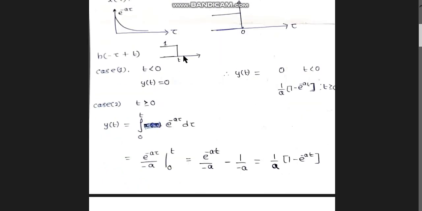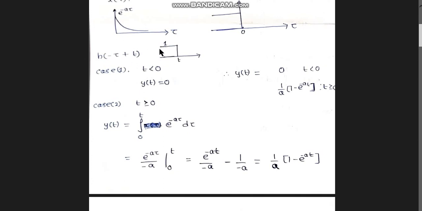Case 1: if t is less than 0, this waveform will be on the left side, to the left of the y-axis. So wherever you multiply, you will get only 0.